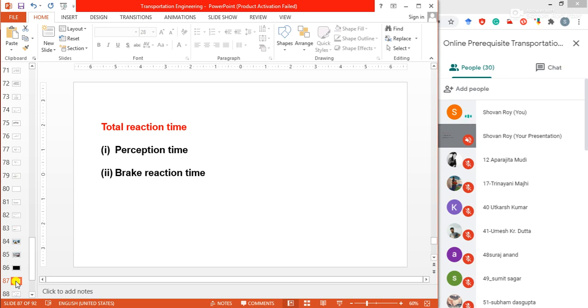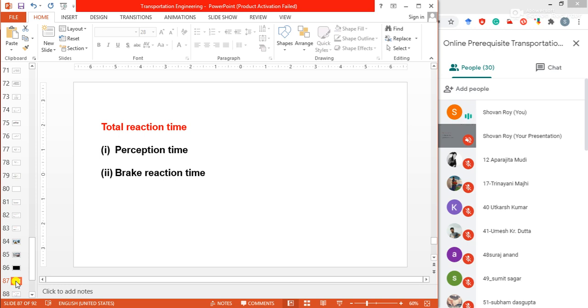Okay, that is reaction time. The driver is seeing the object, and some reaction is going on in his or her brain, and then he or she applies the brake.